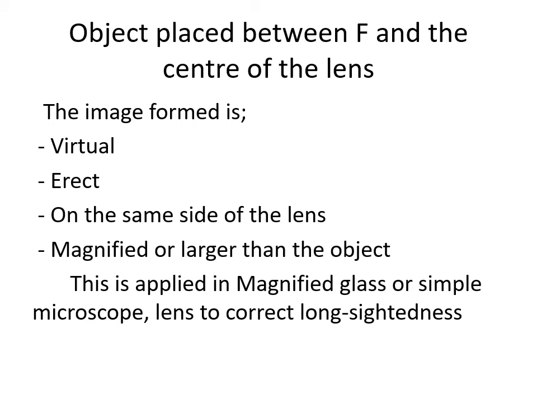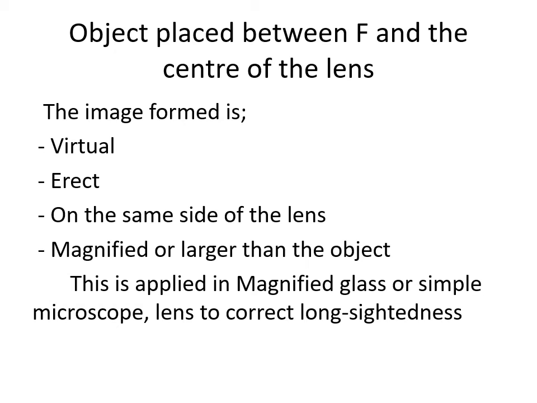The image is magnified, or larger than the object. These are the special properties of the image formed when an object is placed between F and the centre of the lens. We can apply this in a magnifying glass or simple microscope.